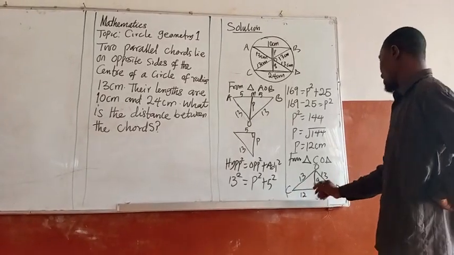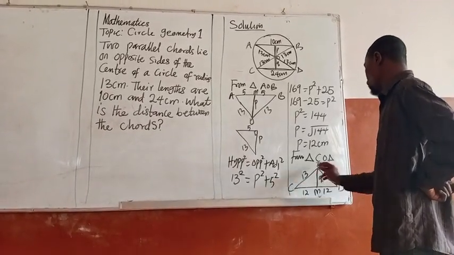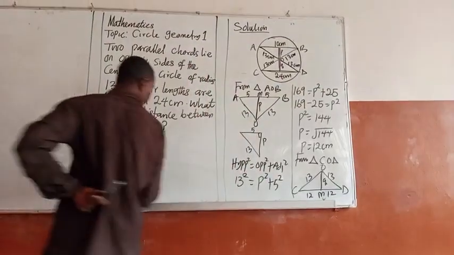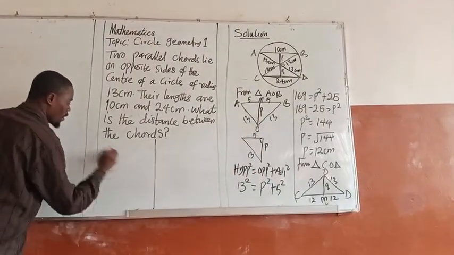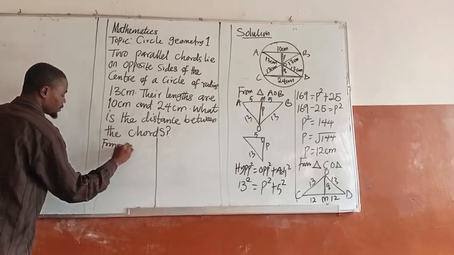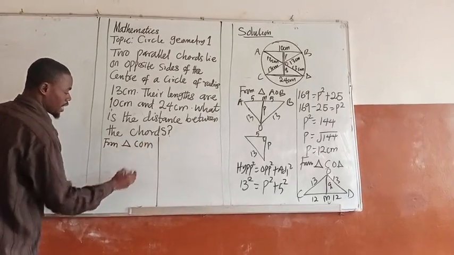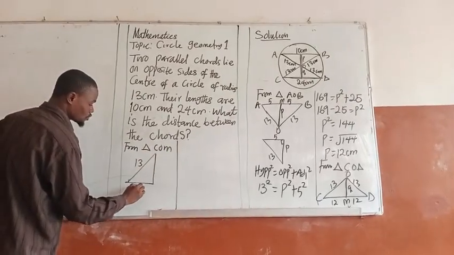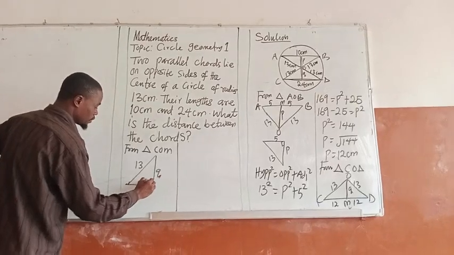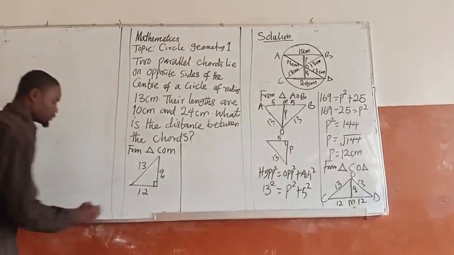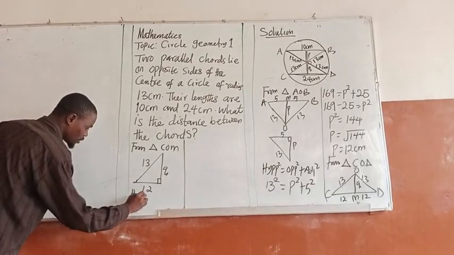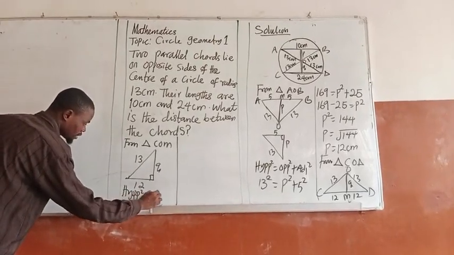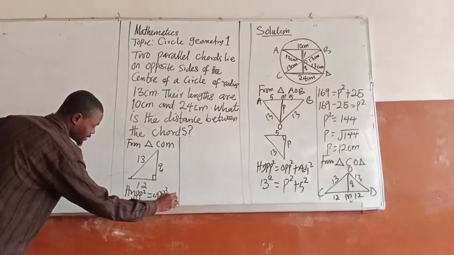We now say, here is the midpoint M. From triangle COM, we now have something like this. Here is 13, here is 12, and here is our Q. So using Pythagoras theorem again, hypotenuse square is equal to opposite square plus adjacent square.